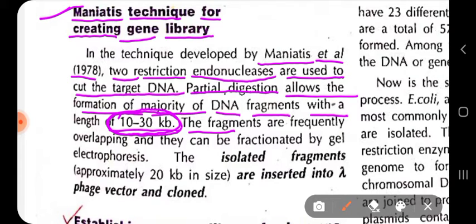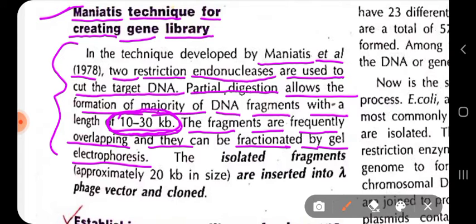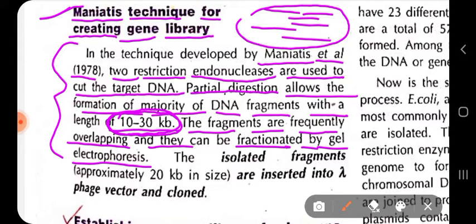Then the fragments are frequently overlapping and they can be fractionated by gel electrophoresis. After cleaving by restriction enzymes, there will be a problem, and the problem is fragment overlapping. One DNA fragment will overlap another DNA fragment, and to overcome this problem, they isolated all the fragments after restriction digestion and subjected them to gel electrophoresis.